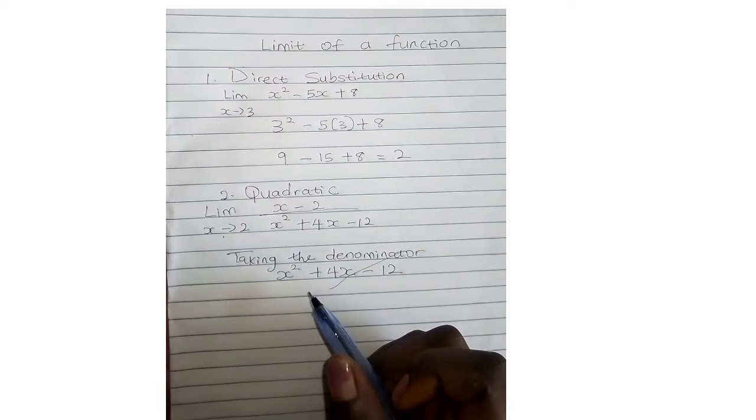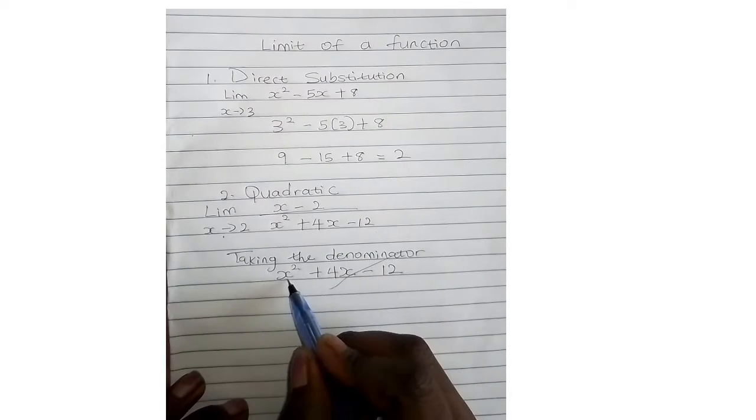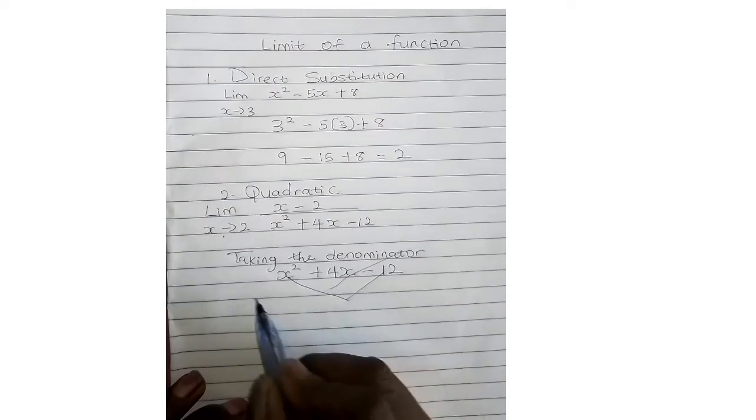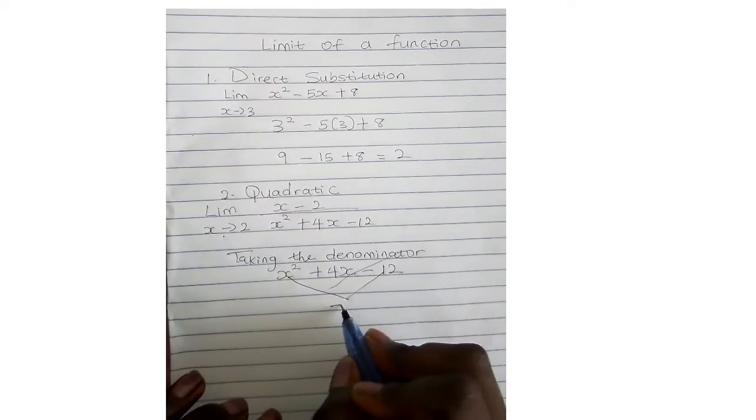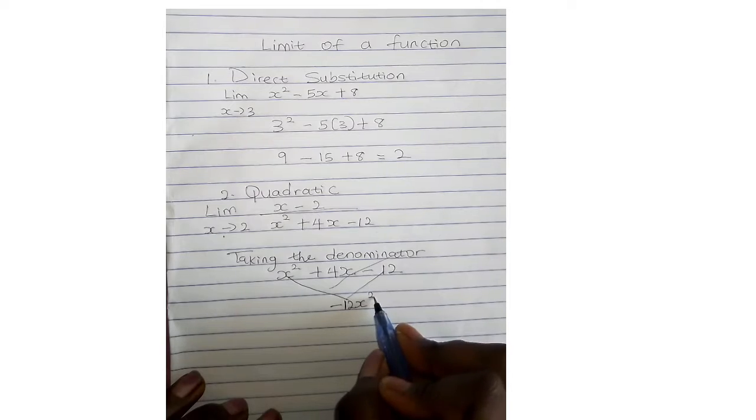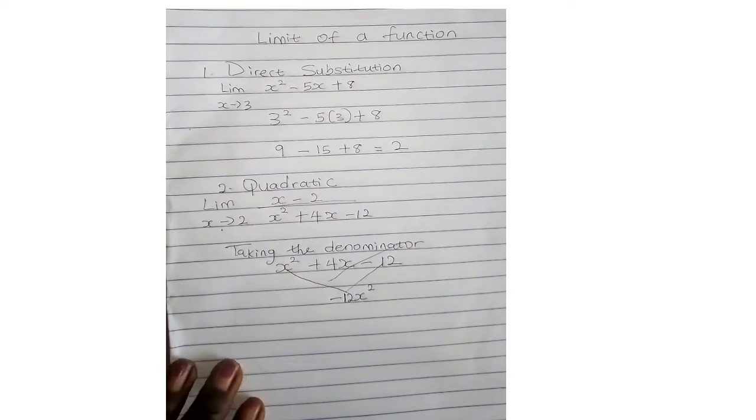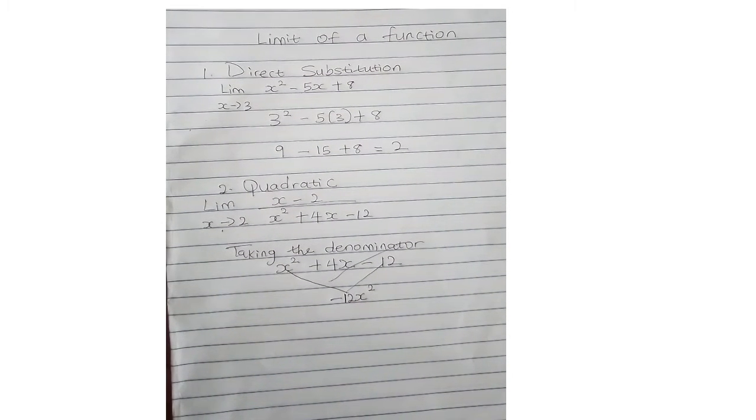So what do we do? I'm going to give you an easy method in which you can factorize this into simpler terms. We look for two numbers that when you multiply them, we get minus 12x squared, and when you add them together, we get 4x.